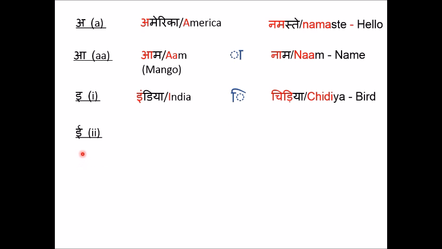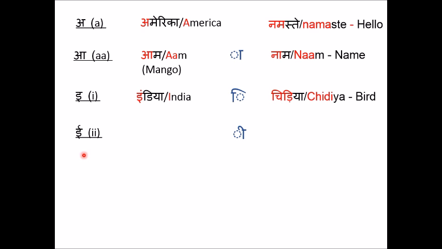Then we have ee again, which is a little bit different from the previous i, which has this symbol on top of it. Unfortunately, I couldn't find any example. There might be many examples, but definitely I'll have to look for more words.